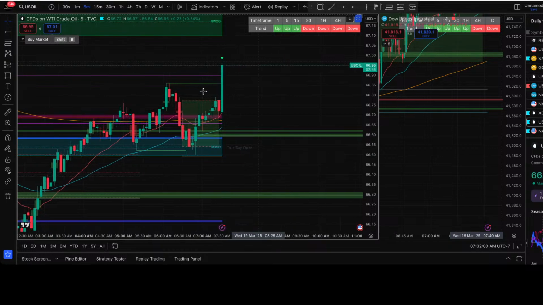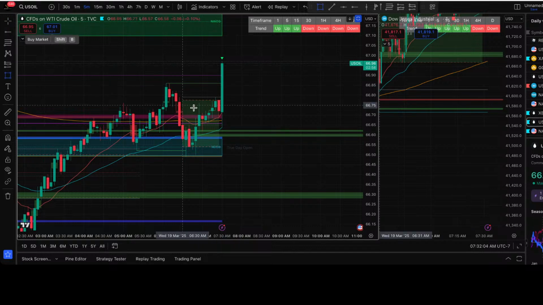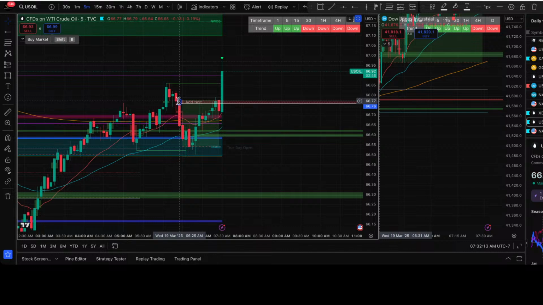We could still actually use the same. I'll leave that inverse fair value gap up here just to gauge where price is in correlation to it.